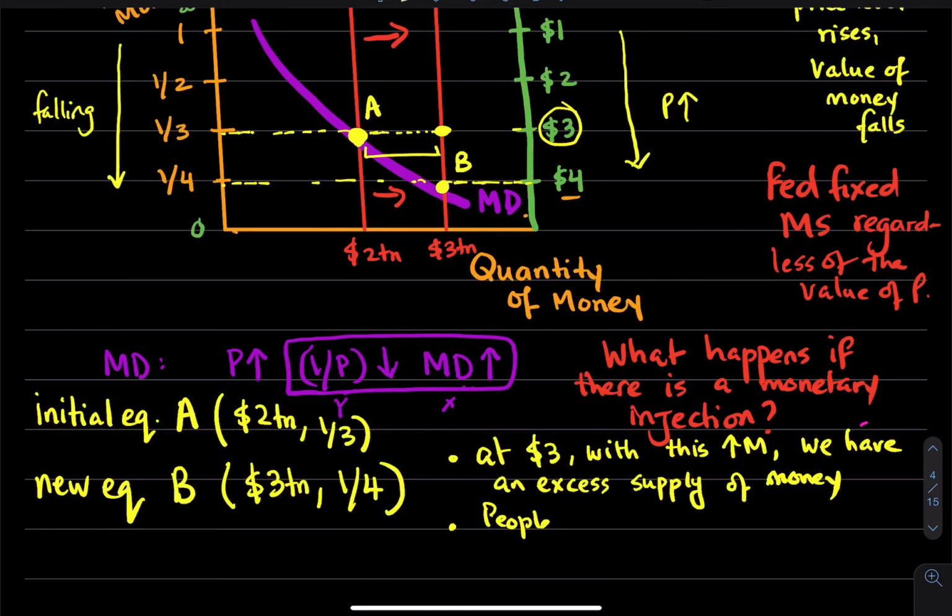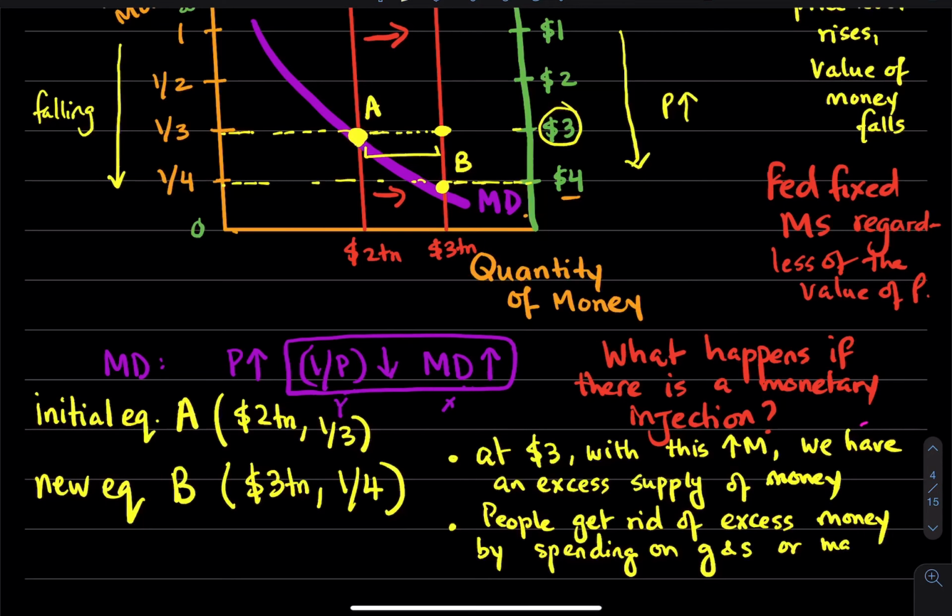People have more money in their pockets, so people get rid of excess money by spending on goods and services or making loans to people who would spend it, who again spend it.